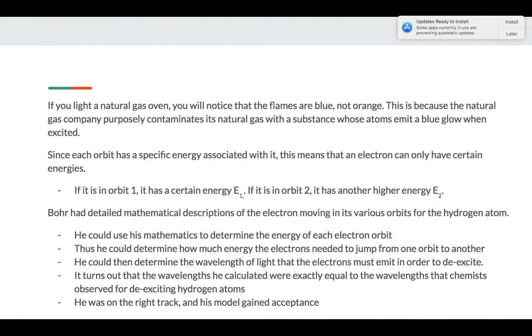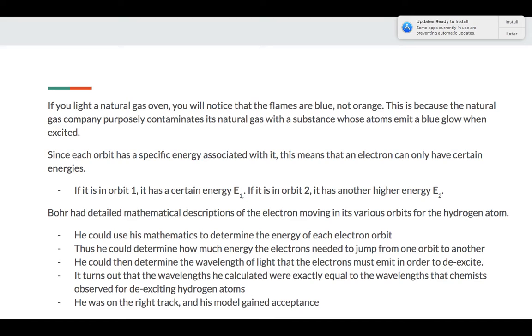Now, Bohr had detailed mathematical descriptions of the electrons moving in its various orbits for the hydrogen atom. He could use his math to determine the energy of each electron orbit, and he could determine how much energy the electrons needed to jump from one orbit to another. And then he could determine the wavelength of light that the electrons must emit in order to de-excite.